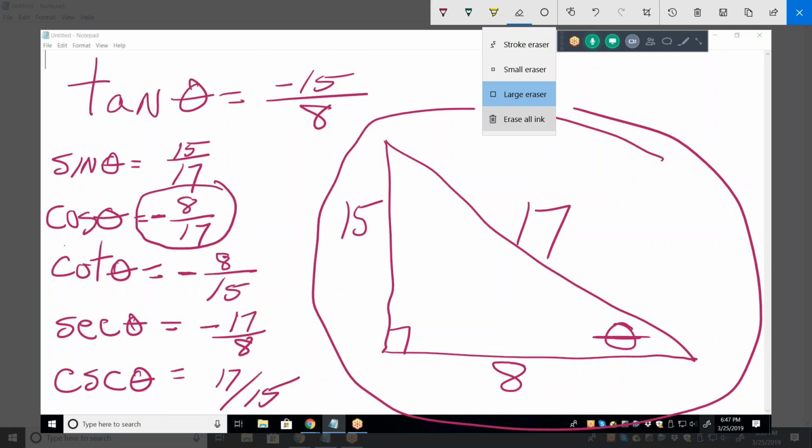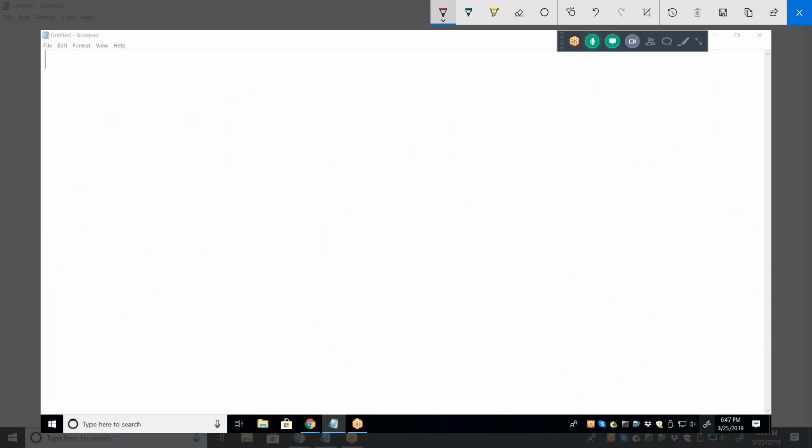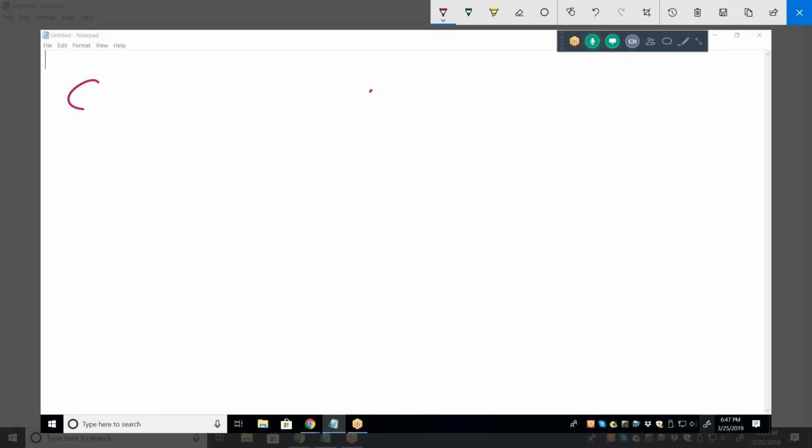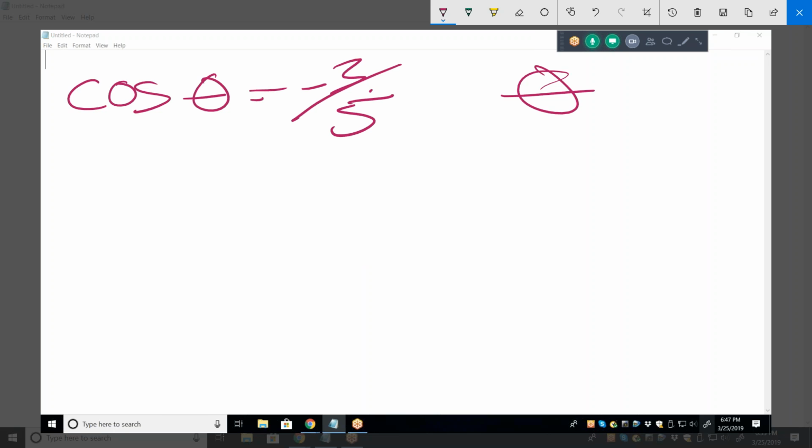Okay, so this one's kind of similar again. Cosine of theta equals -3/5, given that theta is in quadrant 3. Work me through it.